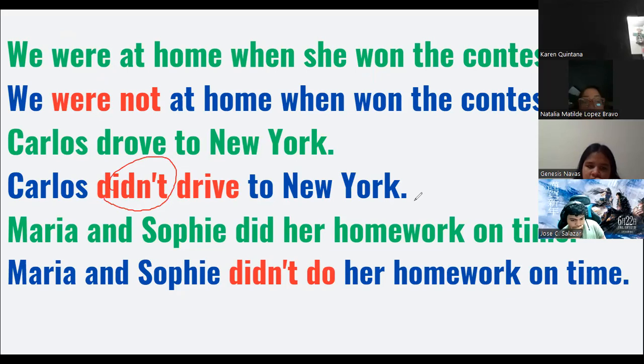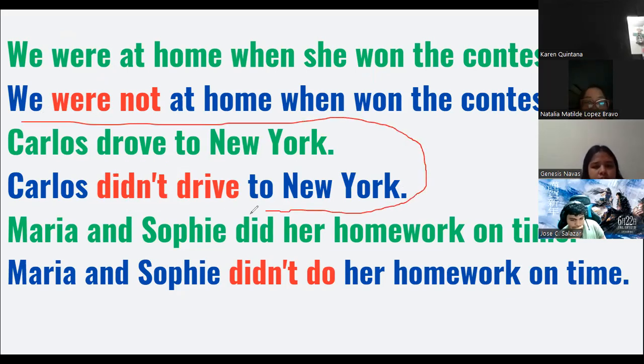Okay, now Genesis, can you please read the second one, this part? Okay. Carlos drove to New York. Carlos didn't drive to New York. Okay, ¿qué significa drive? What is drive? Manejar. Entonces, Génesis, la oración, Carlos drove to New York.